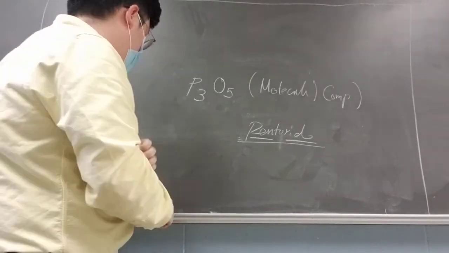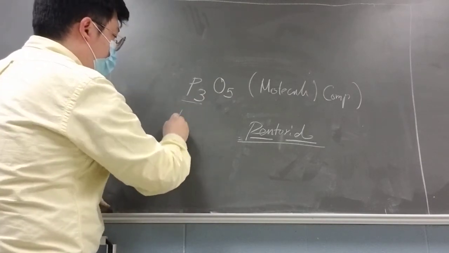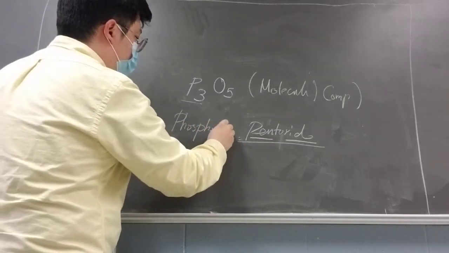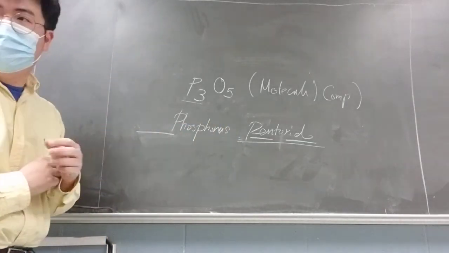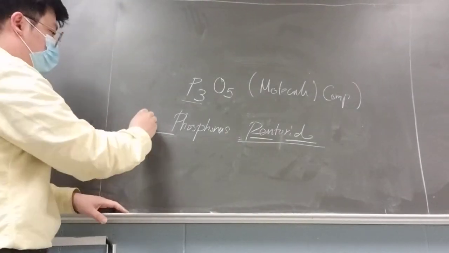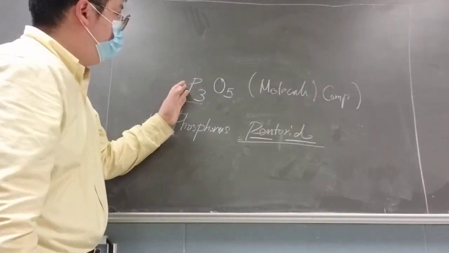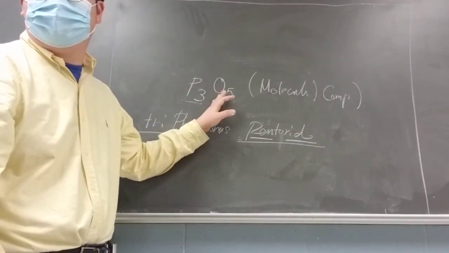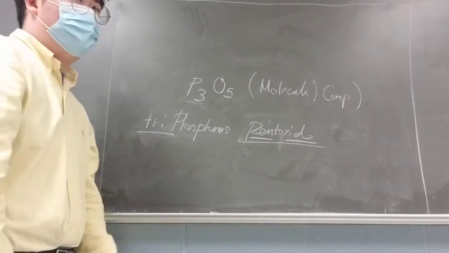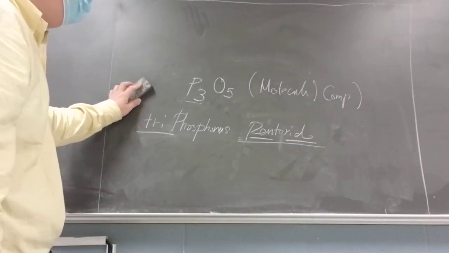So this is phosphorus here. But you can't just say phosphorus, right? You need to do what? Triphosphorus. So this name will be triphosphorus pentoxide. Does it make sense? You good? Okay, perfect.